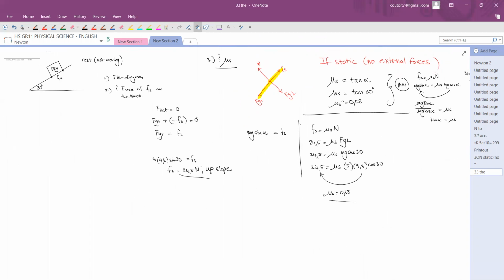This is new, so this is going to be new for you. If you look at your textbook, how many pages do you reckon you have left of the Newton 2 section? Take a guess. You don't have to be specific. I just want to know where you are at the moment.